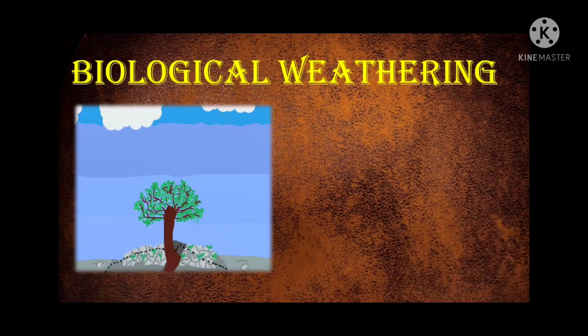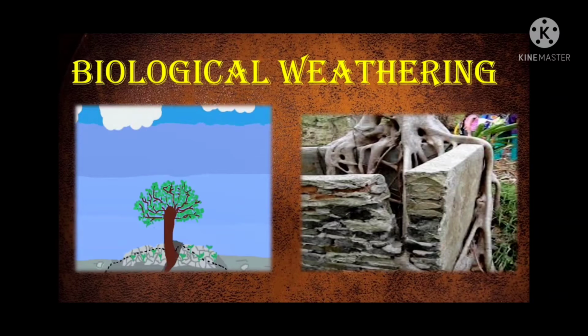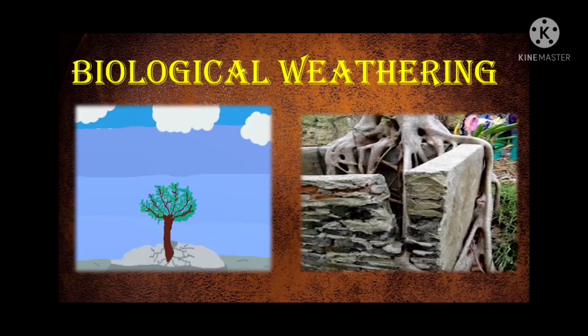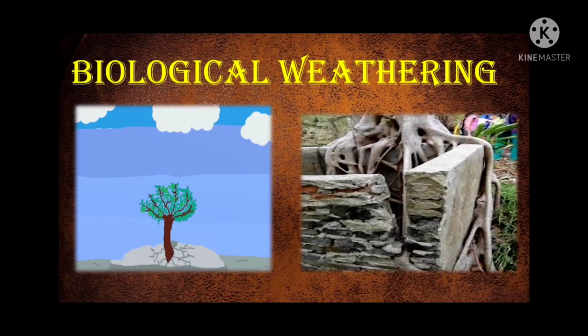Children, you must have seen in old broken buildings, the roots come out. Actually, the roots of a plant create a crack inside. These roots grow bigger in time and create tension in the rocks and structures and start breaking them, as you can see in another image.